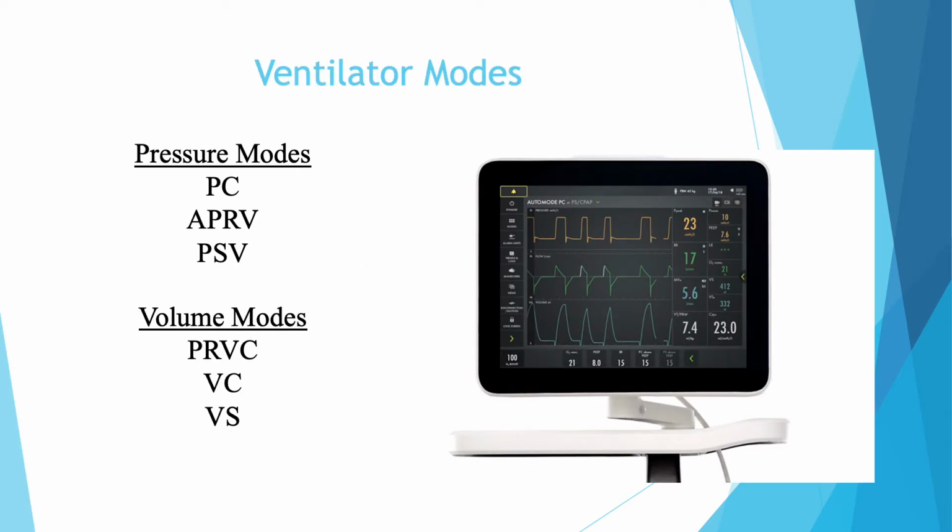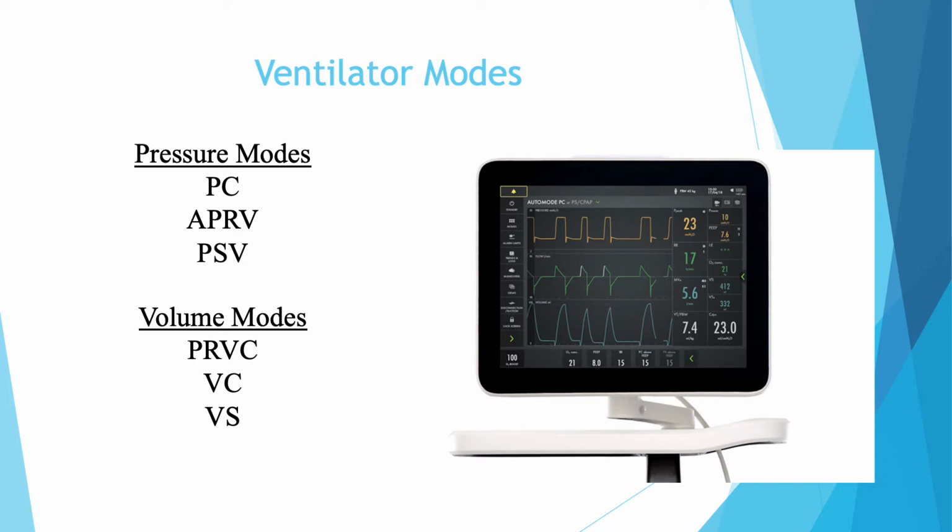When looking at ventilator modes, I think the easiest way to do education on modes is looking at pressure modes versus volume modes. With volume modes, you have a tidal volume reading that you're setting on the ventilator. This is usually a 3-digit value, and 500, let's say, is typically the average volume you're going to see for patients.